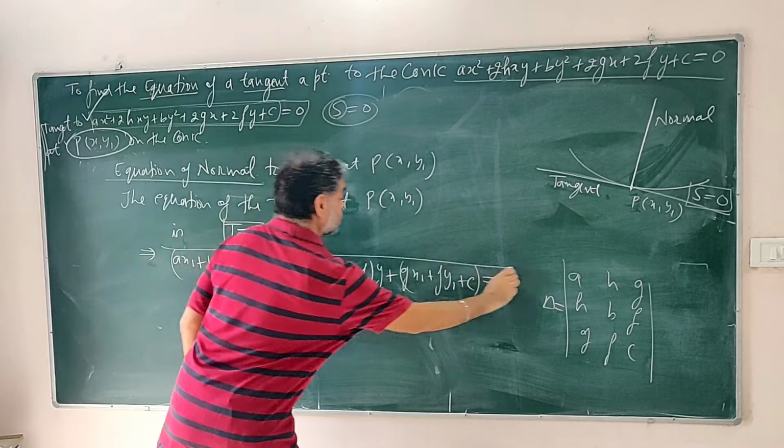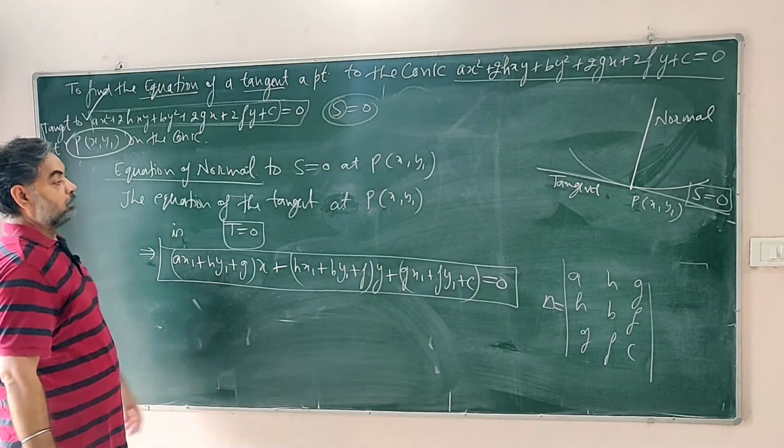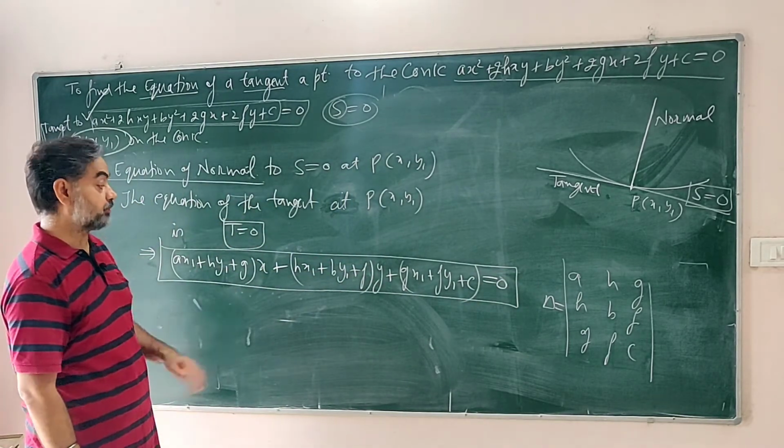This is the equation of the tangent to the conic at the point x1, y1.